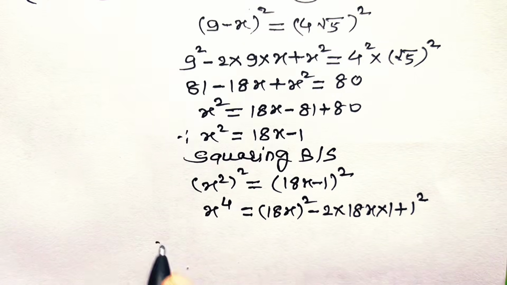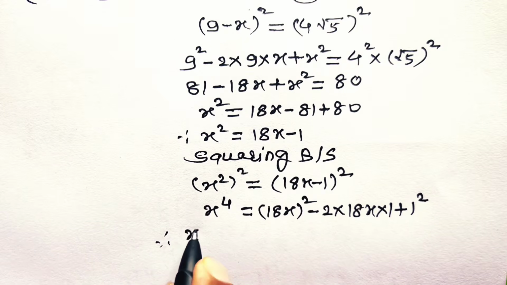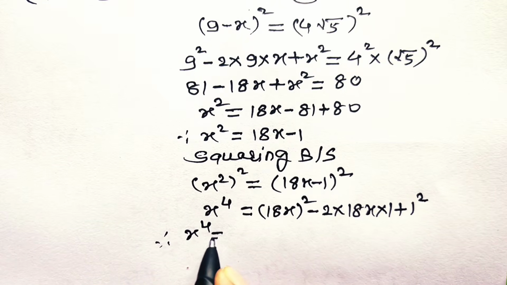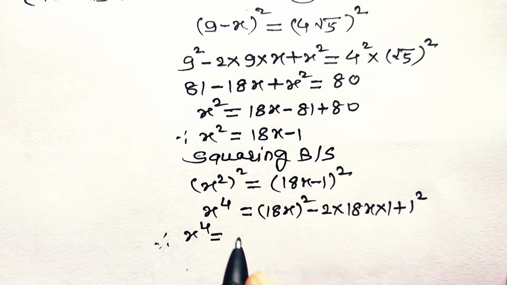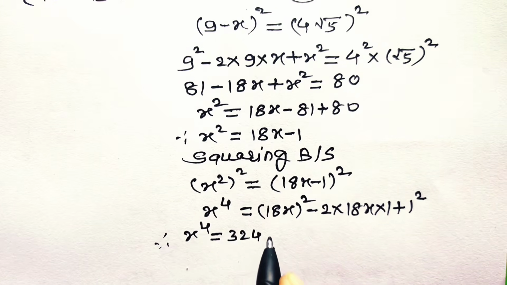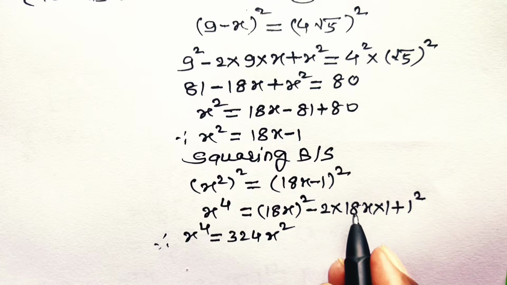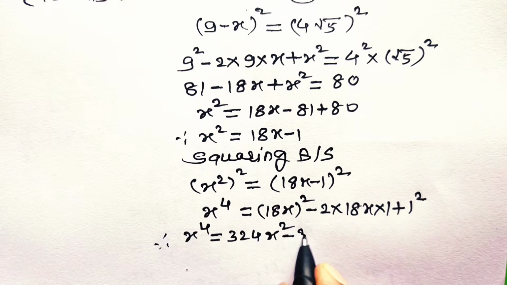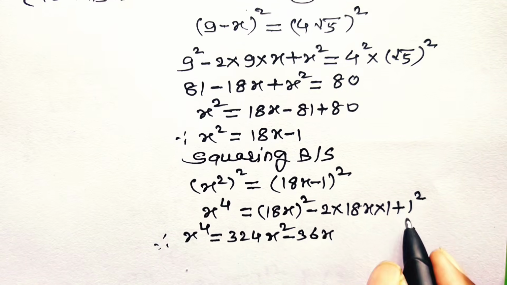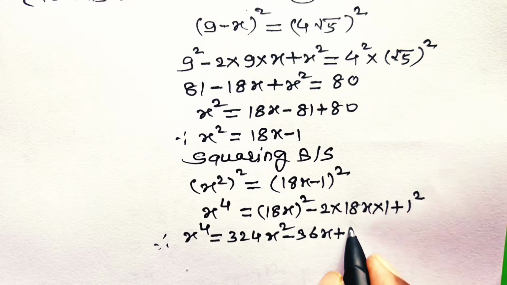Hence x to the power 4 is equal to 18 square is 324 x square minus 2 into 18, minus 36x plus 1 square is 1.